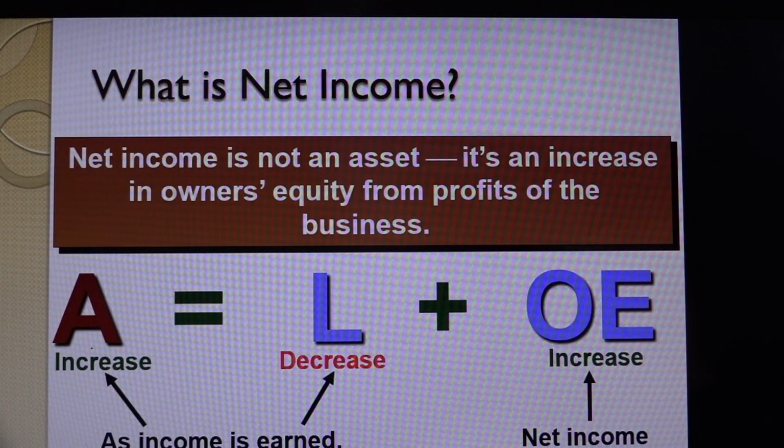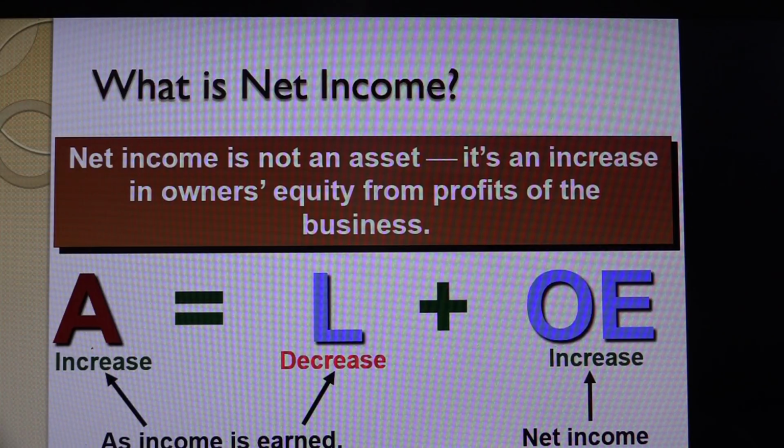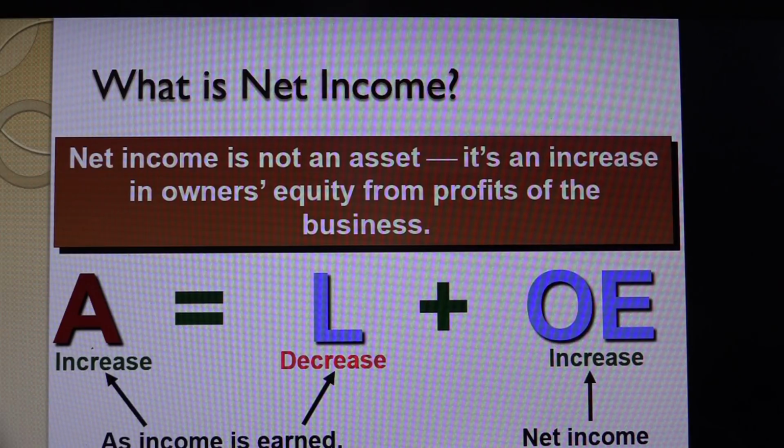But just realize that expenses reduce owner's equity. And so to increase an expense, remember the overall owner's equity account is almost invariably going to be a credit balance.